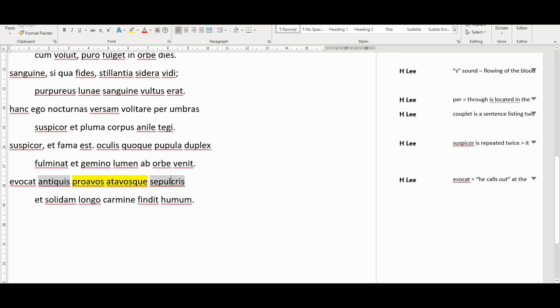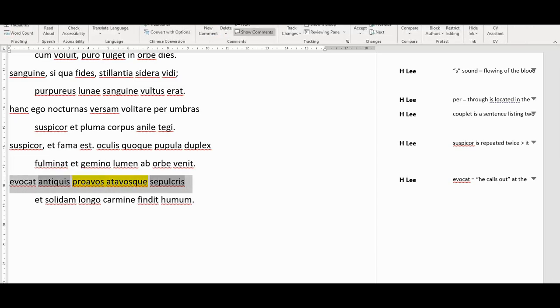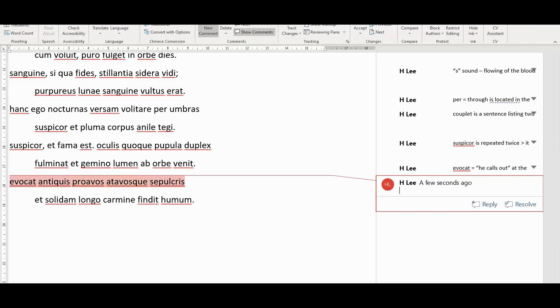And what I really like about this sentence is the fact that the way the words are arranged mirrors what it says. Sorry, the comment is covering up the highlighting, but let me explain. So he's clearly outside of the tombs. Then you've got the tombs, antiquis and sepulchris, right? And then you've got the ancestors, which are in the middle.